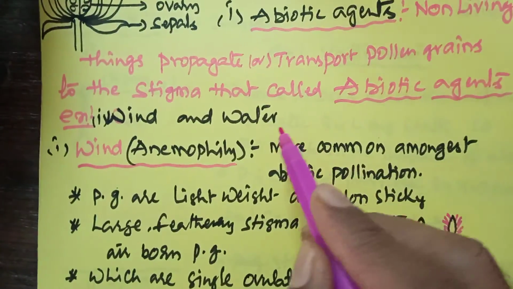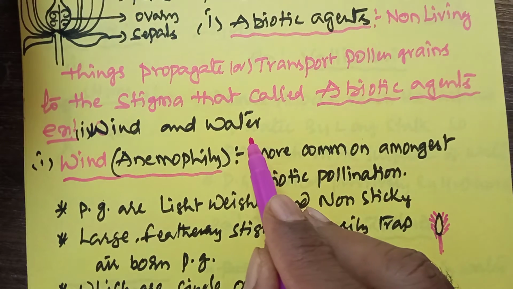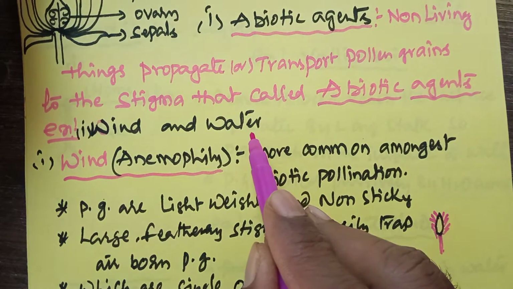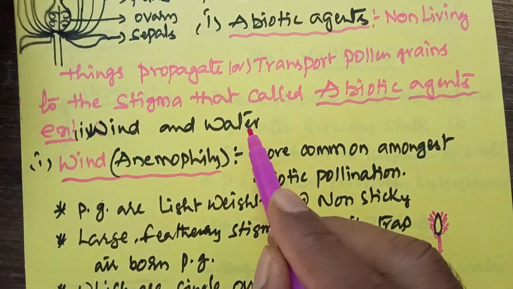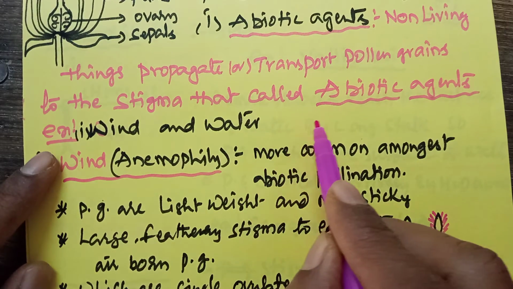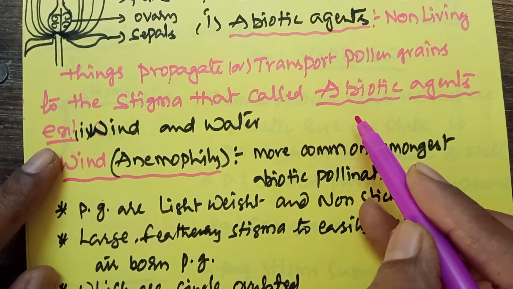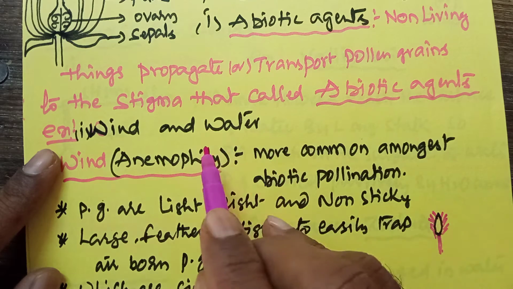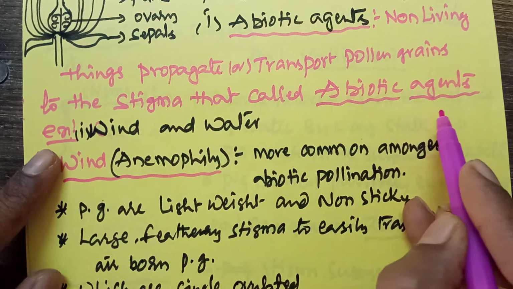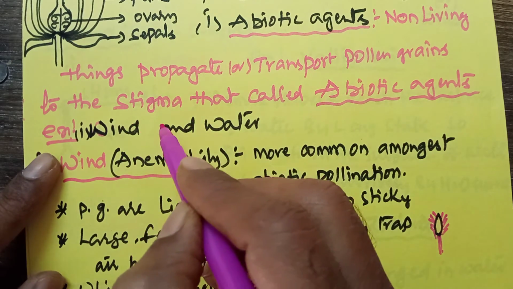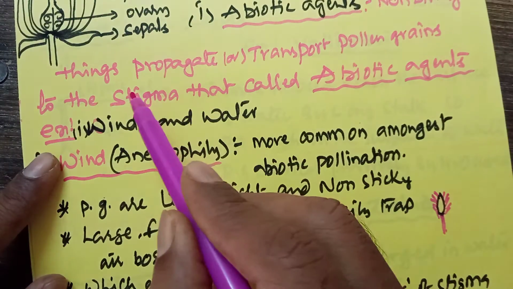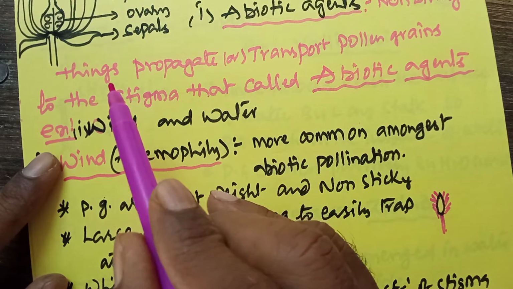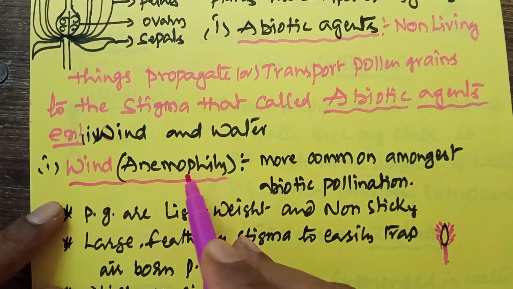Wind and water, these two are very important abiotic agents. These are also called non-living agents, and they play an important role in transporting pollen grains from anther to the stigma.